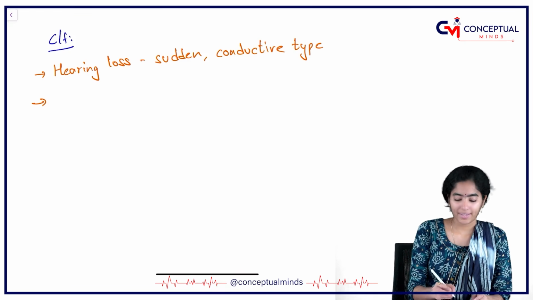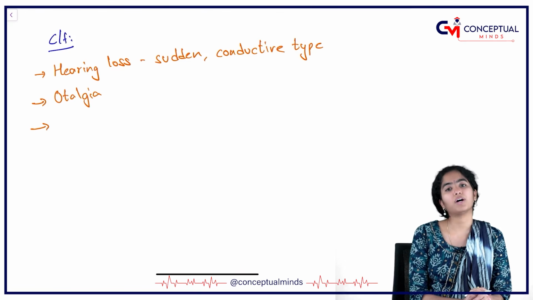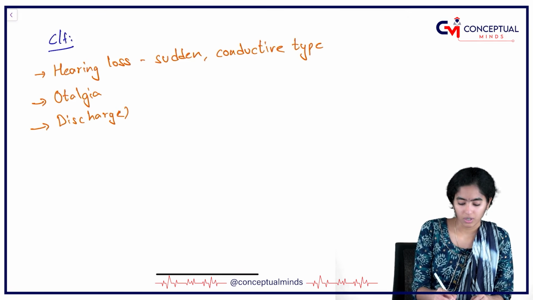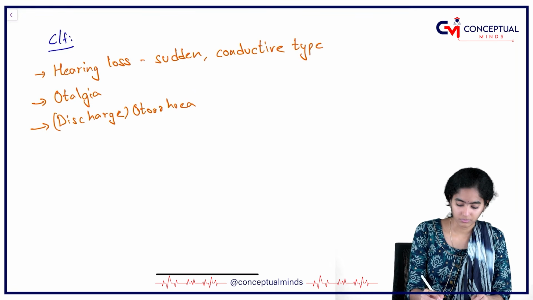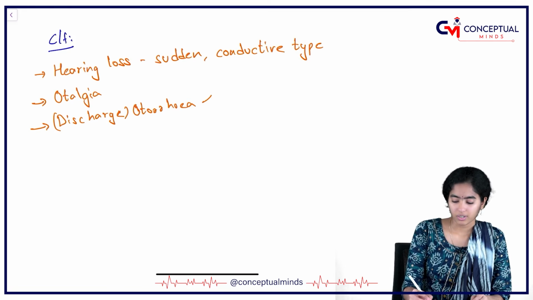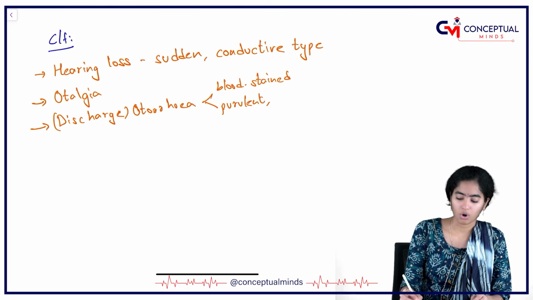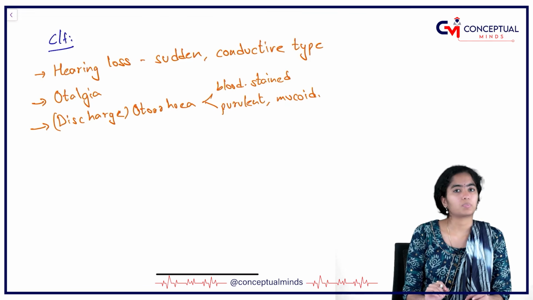Next, ear pain is one common complaint. Otalgia will be there when the tympanic membrane is perforated. And we also see some discharge from the ear, otorrhea. Now this otorrhea can be blood stained if it is a traumatic type of perforation, or it could also be purulent or mucopurulent or mucoid if it is a result of otitis media.